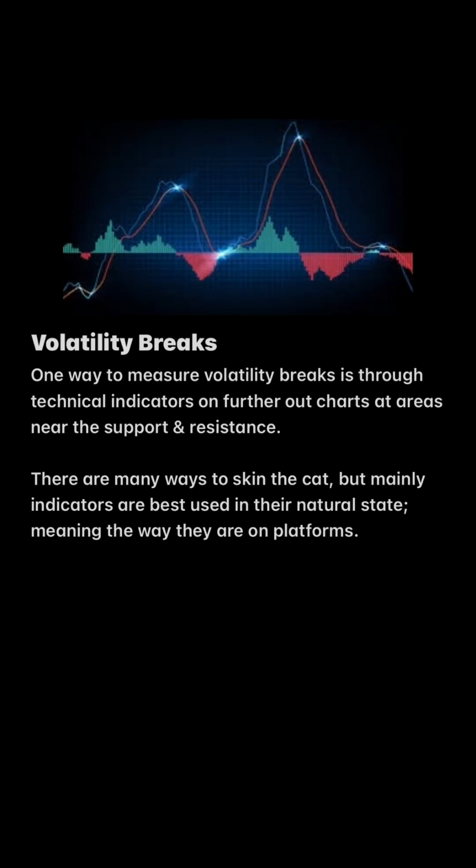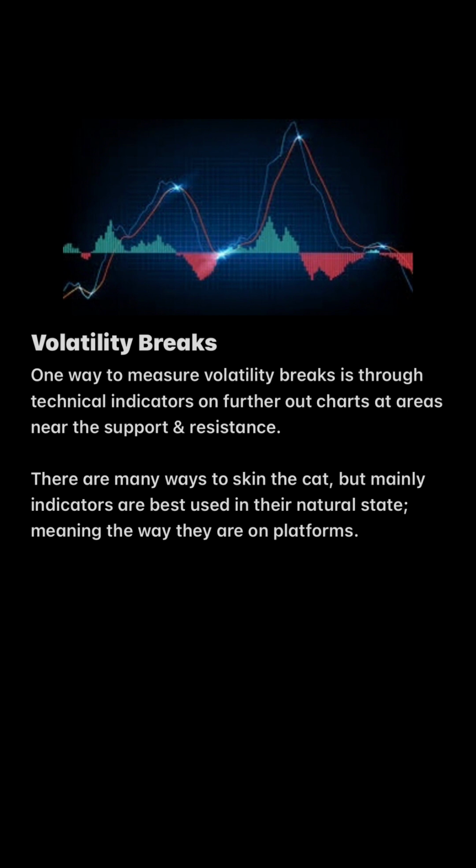So when we're talking about volatility breaking, we want to use technical indicators, and we want to push these out on further charts so that we can create support and resistance areas. Now, there's many ways to skin this cat, but mainly indicators are best used in their natural state.